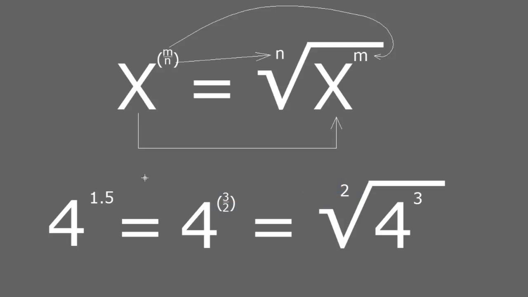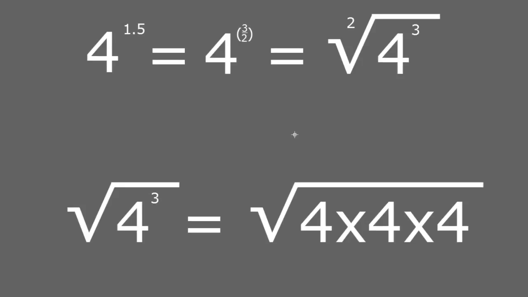So what we have now is that we change from 4 with an exponent of 1.5, 4 with an exponent of 3 over 2, to the square root of 4 cubed, 4 with an exponent 3, 4 to the third power.